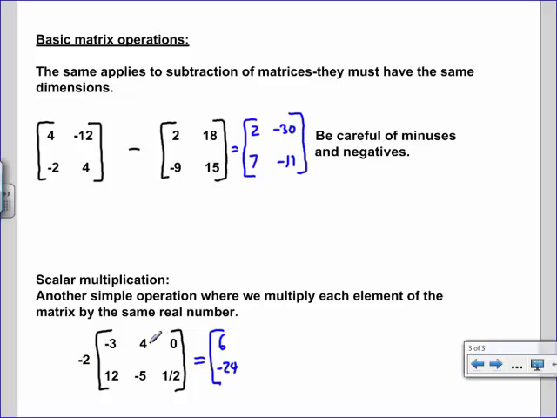Negative 2 times 4, negative 8. Negative 2 times negative 5, 10. Negative 2 times 0 is 0. And negative 2 times 1/2 is negative 1. So that's all scalar multiplication is, simply taking the number outside here and multiplying it times each of the terms.